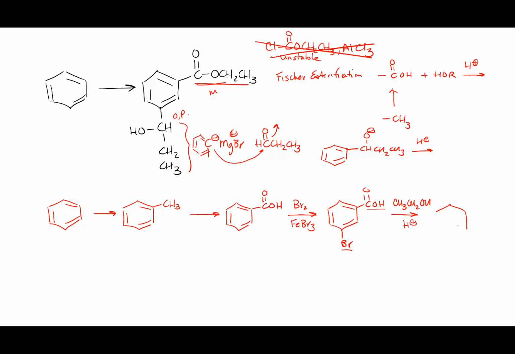Oh no, I gave you the reagent again. So let's make the ester. And now I've got the bromine. So now let's convert the bromine to... Nope. I shouldn't keep giving you the reagent. Let's convert the bromine to a Grignard.